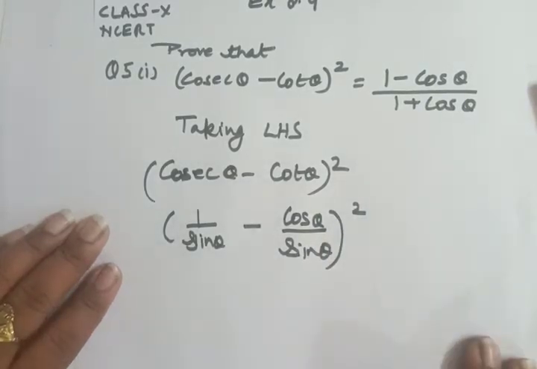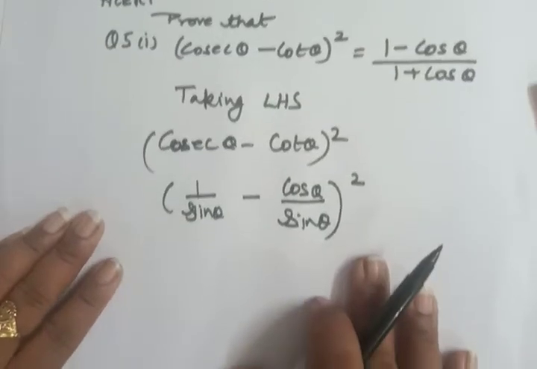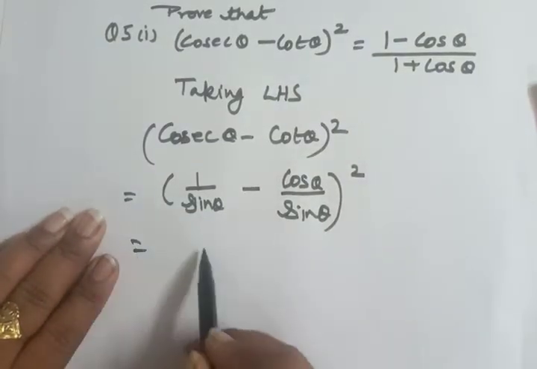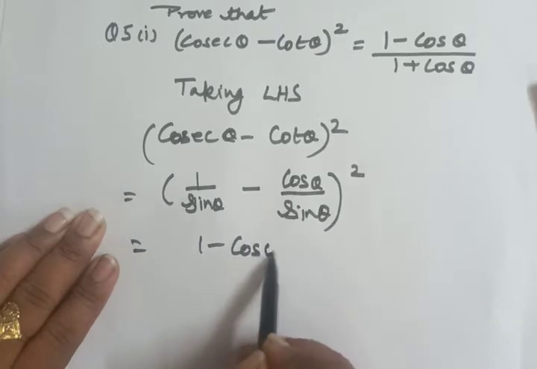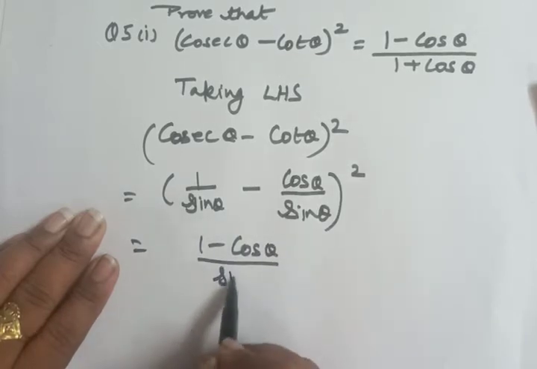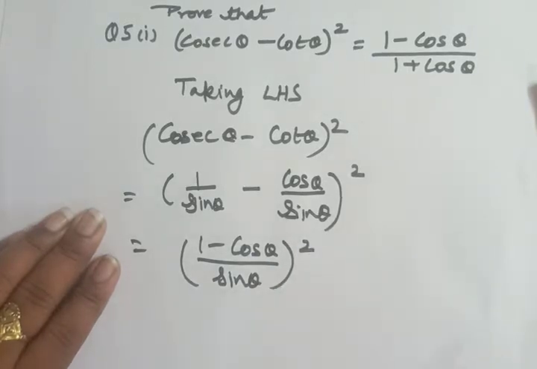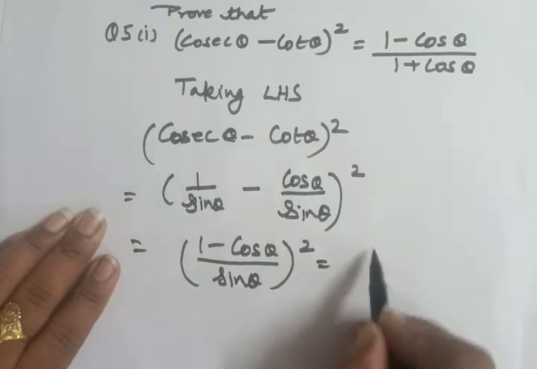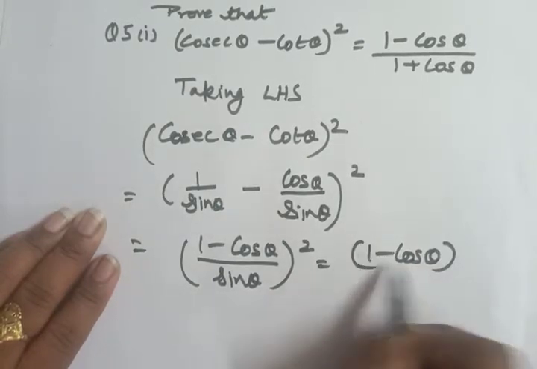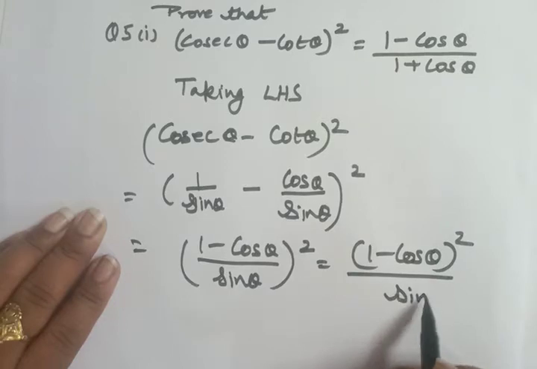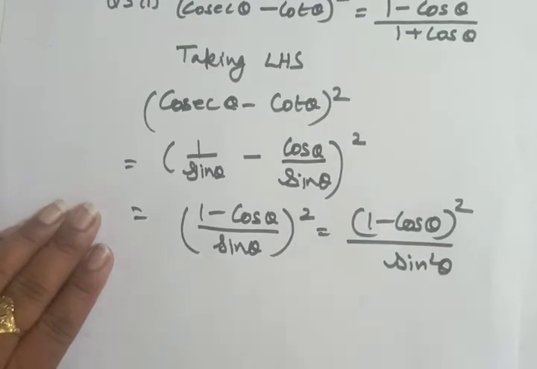Now as we can see, the denominator is the same, so we can write (1 minus cos theta) upon sin theta, whole square. Let's write it like this: (1 minus cos theta) whole square upon sin square theta. We have written numerator and denominator separately.